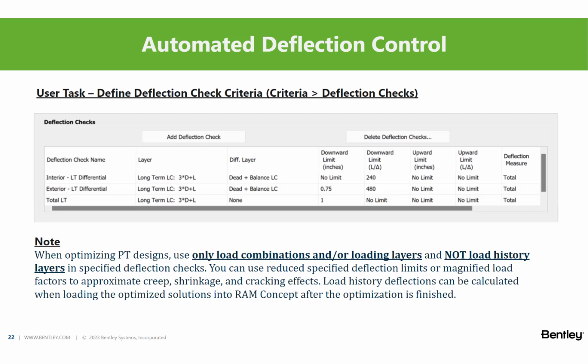That particular diff layer selection is especially useful for investigating incremental deflections after, say, partitions are installed, or reviewing instantaneous live load deflections.